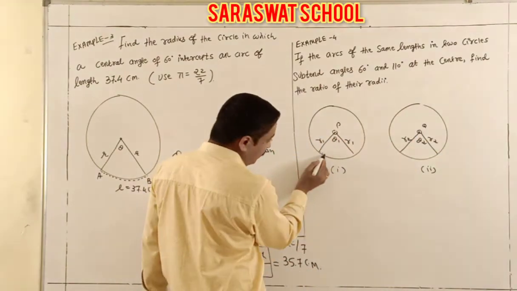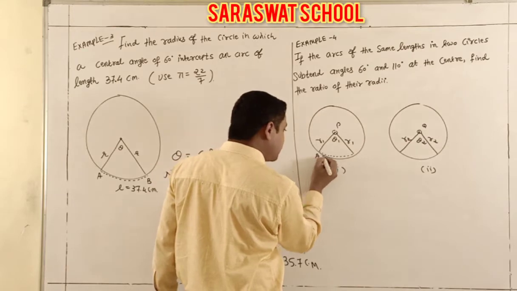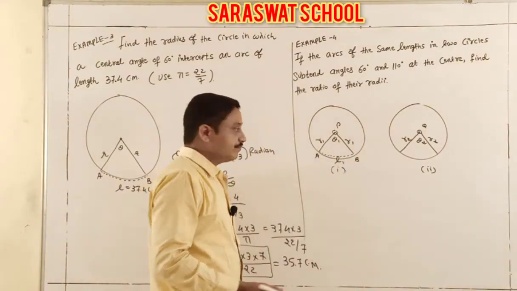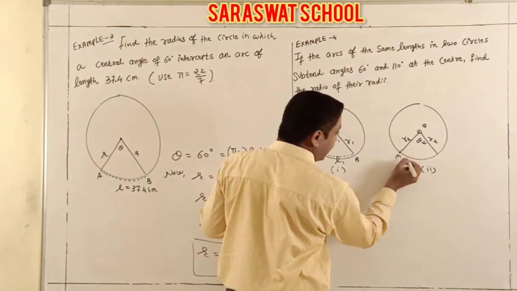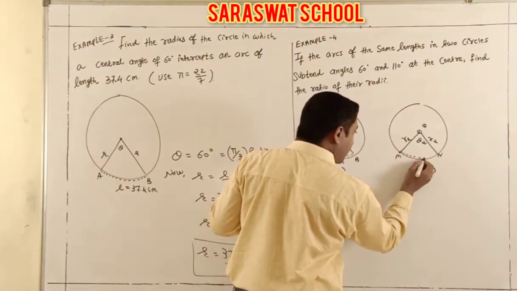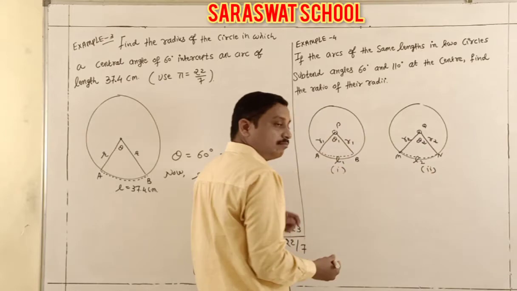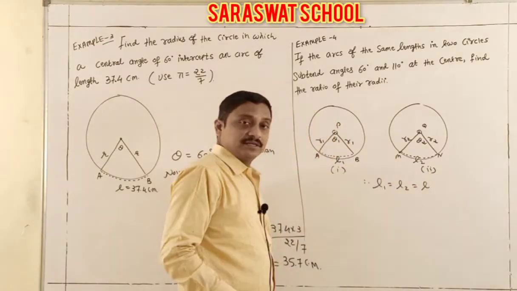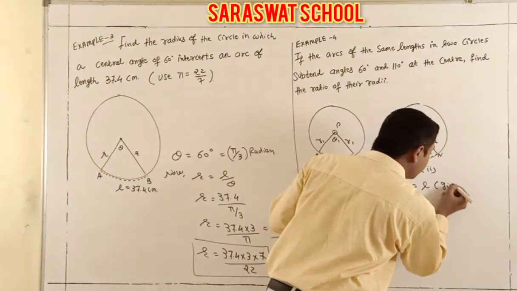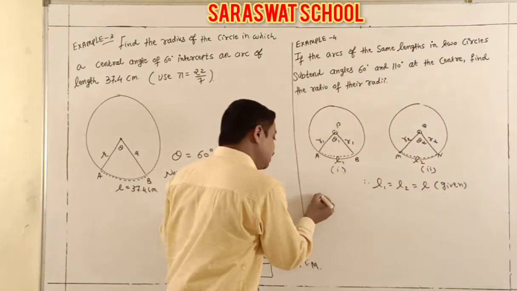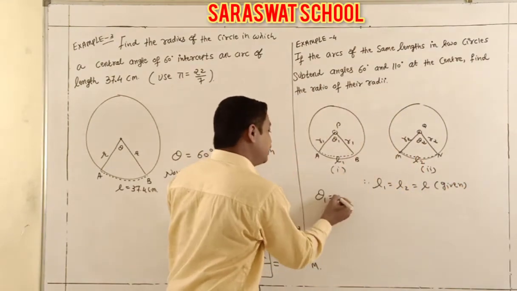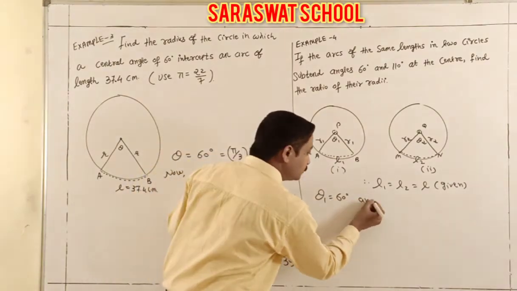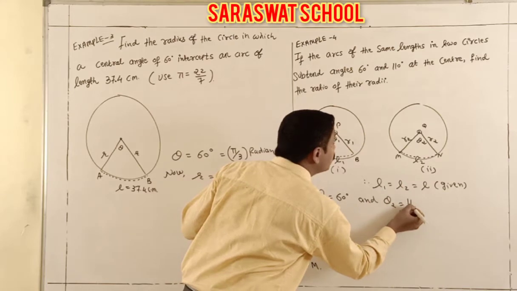The lengths of the arcs are the same, L1 and L2, but since they are equal I consider it L. This is given. The angle measures are also given: theta 1 is 60 degrees and theta 2 is 110 degrees.